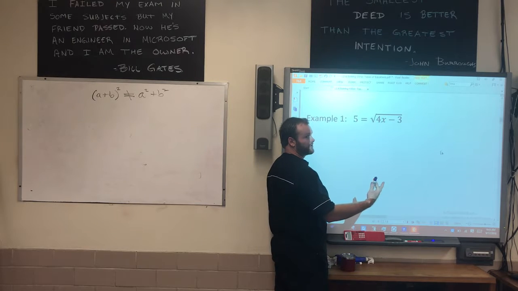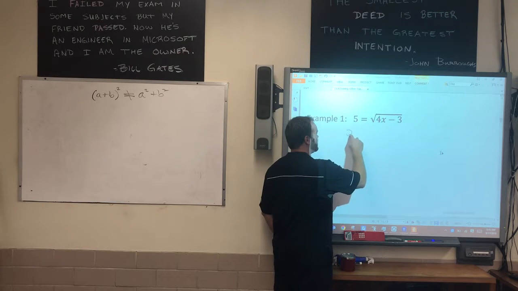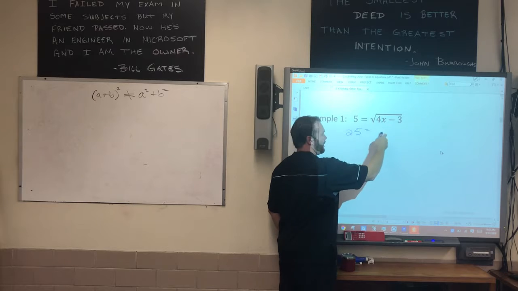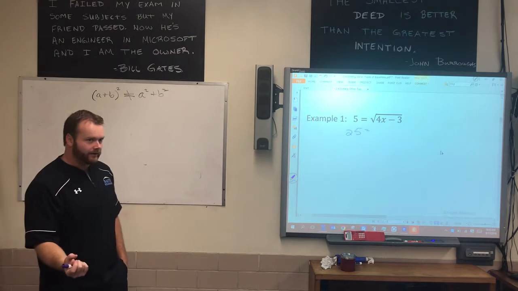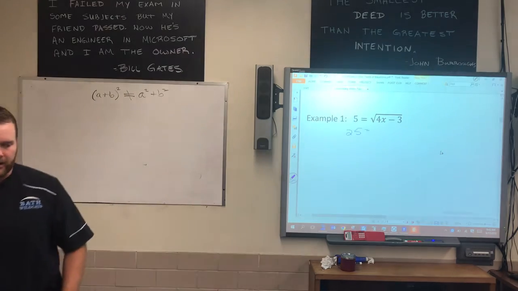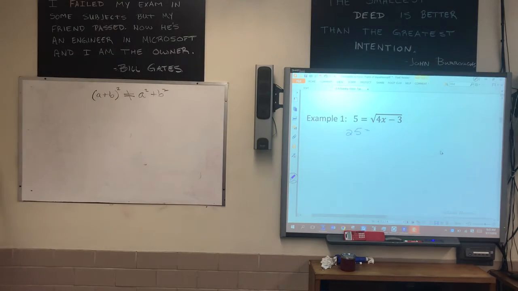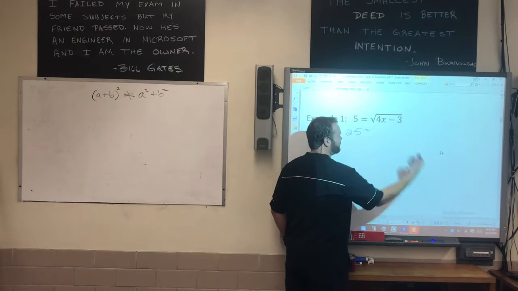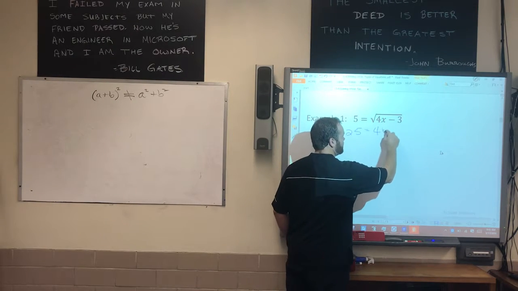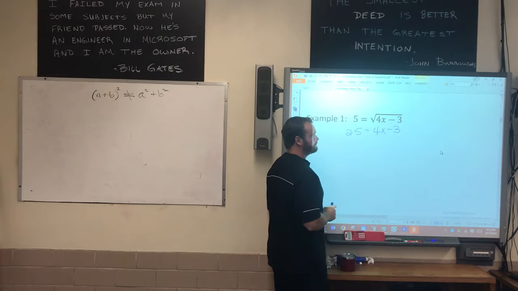So we're going to go ahead and square both sides, right? Square both sides, you get 25 here. And when I take a radical times itself, I'm just left with the radicand, right? So radical 3 times radical 3 gives me 3. Radical 7 times radical 7 just gives me 7. Radical x times radical x just gives me x, right? So radical 4x minus 3 times radical 4x minus 3 should leave me with just 4x minus 3.